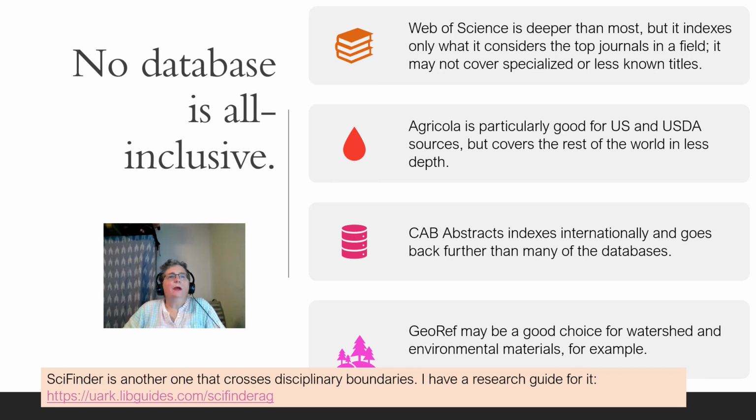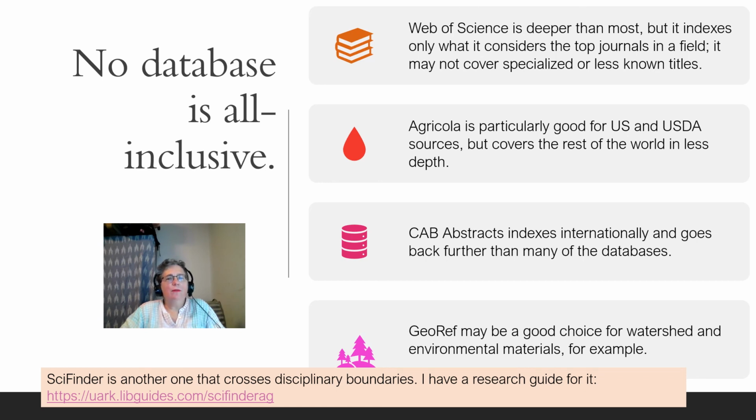Agricola works well specifically for material from the US and from the USDA. CAB Abstracts indexes internationally and goes back to 1910, so they cover a world of stuff, literally, and often will give you something that other places won't.